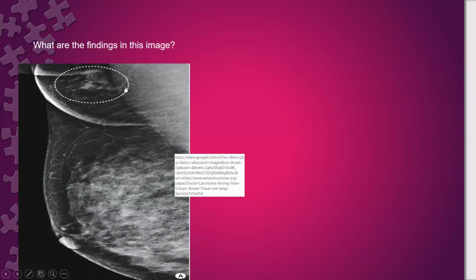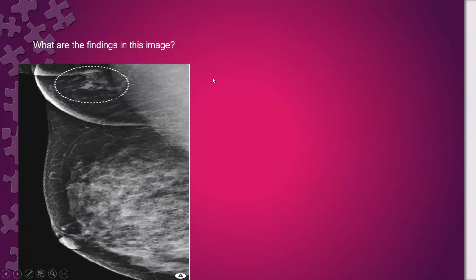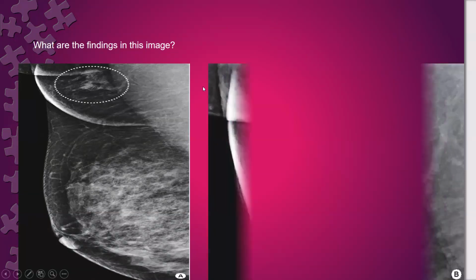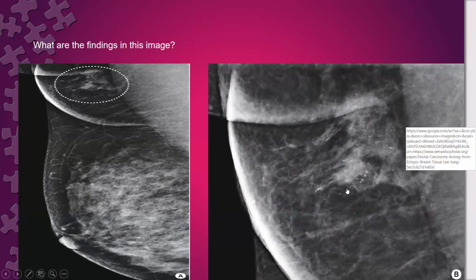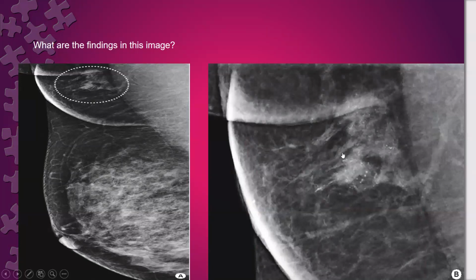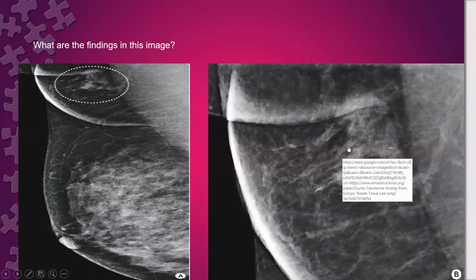It is separate, but is it just an ectopic breast? Anything here? Calcification? Yes, microcalcification. We have to do magnification to characterize it further. So this is a breast cancer. Look, there is some distortion here and some skin thickening.